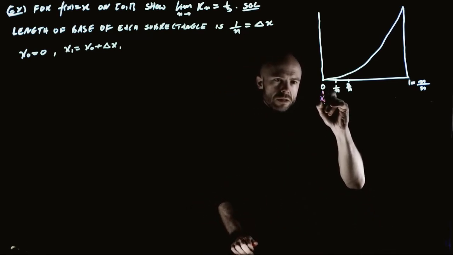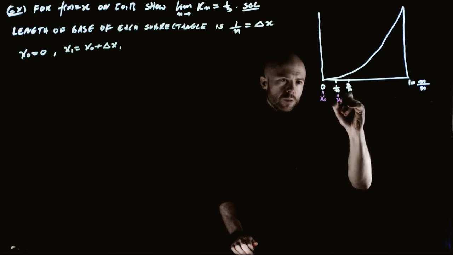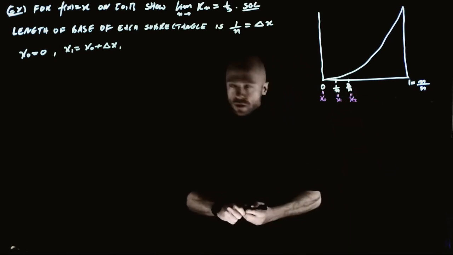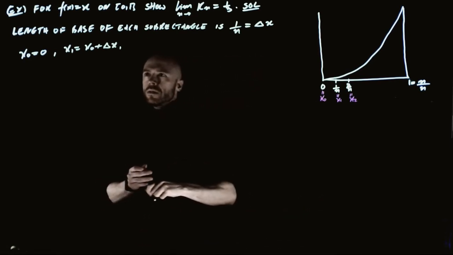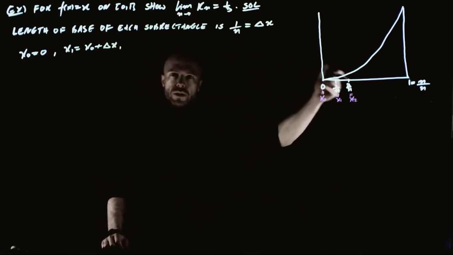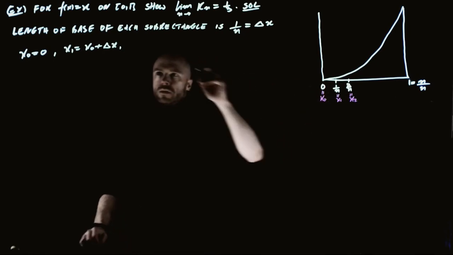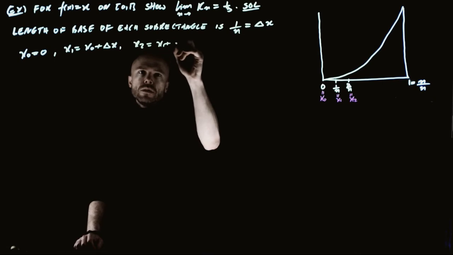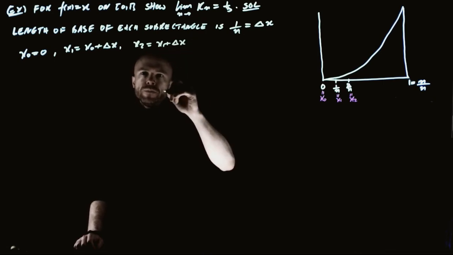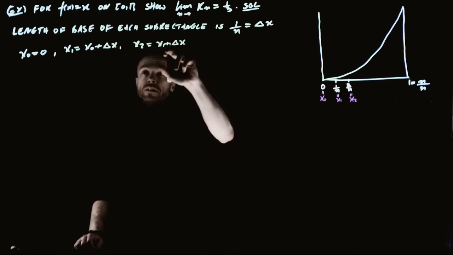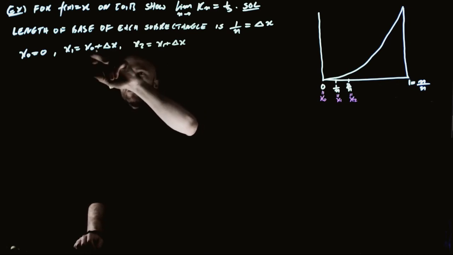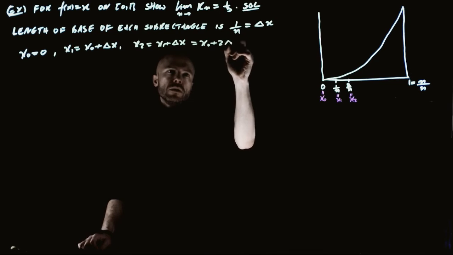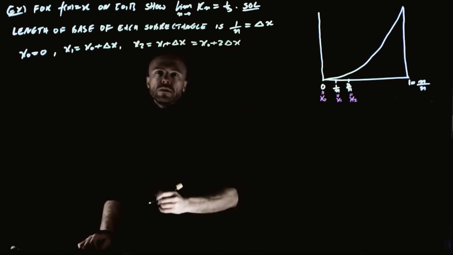This thing is x0, and this thing is x1. This guy will be x2. So x2 is delta of x along from x1. And since x1 is delta of x away from x0, that's the same as x0 plus 2 delta of x.